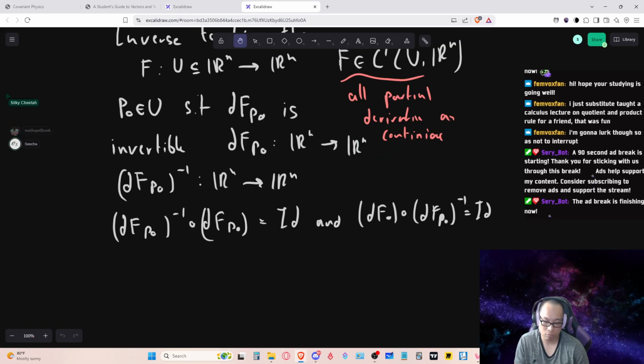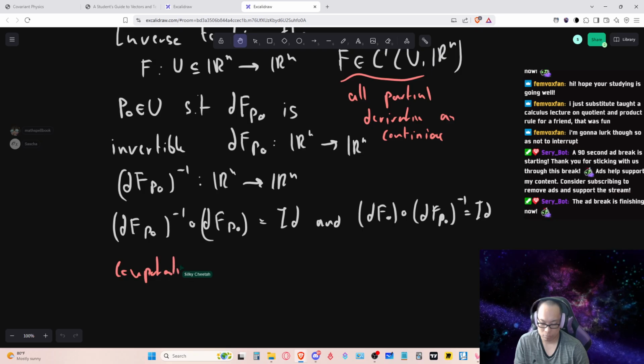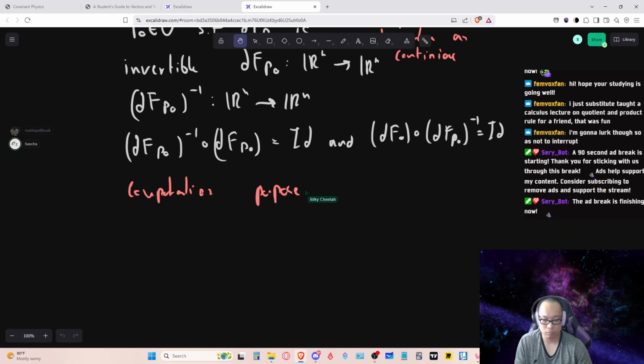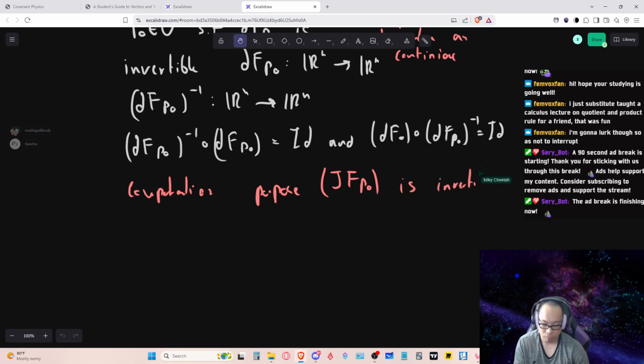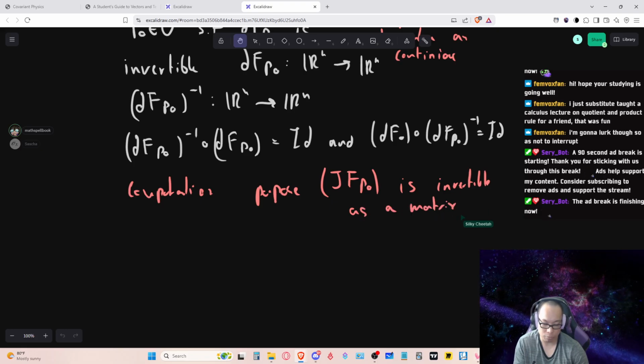For computation purposes, this is equivalent to checking that the matrix at P0 is invertible. In this case, invertible means that if you multiply it by its inverse, you get the identity matrix. So the matrix has an inverse matrix.